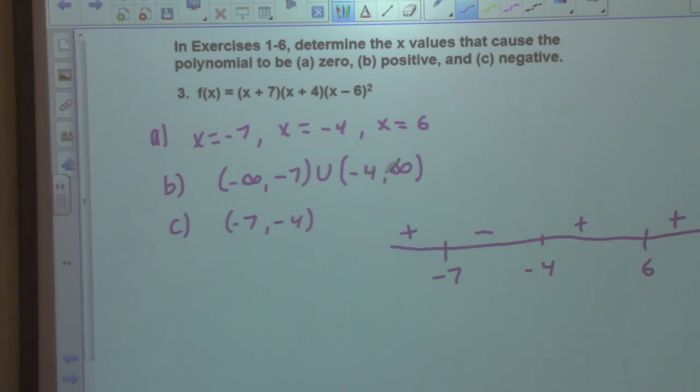Because 6 is included in here, and 0 is not positive. So what you have to do is split that up like this. Okay, positive here, and also positive for greater than 6. You see why you have to do that?